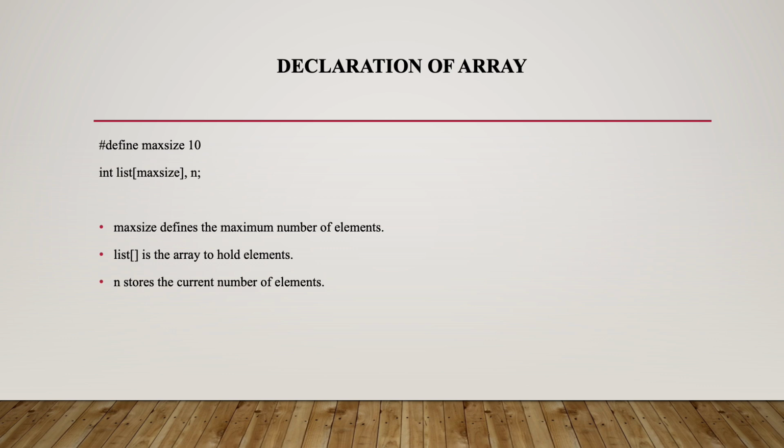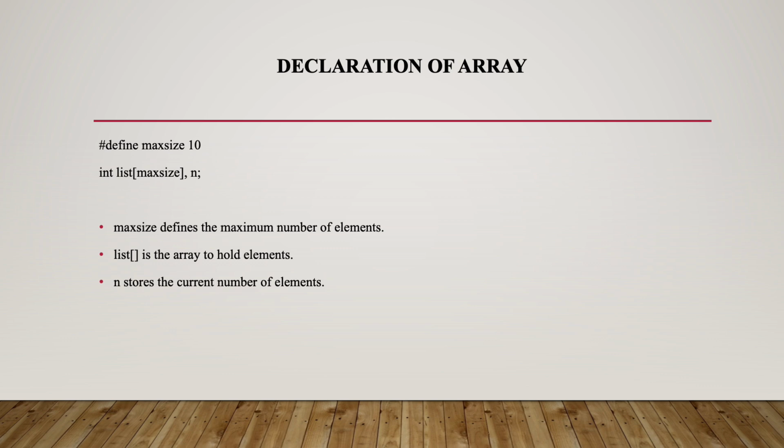This line tells the computer that the biggest size of our list is 10, which means our array can hold up to 10 elements. After that, we declare int list[MAX_SIZE], n.